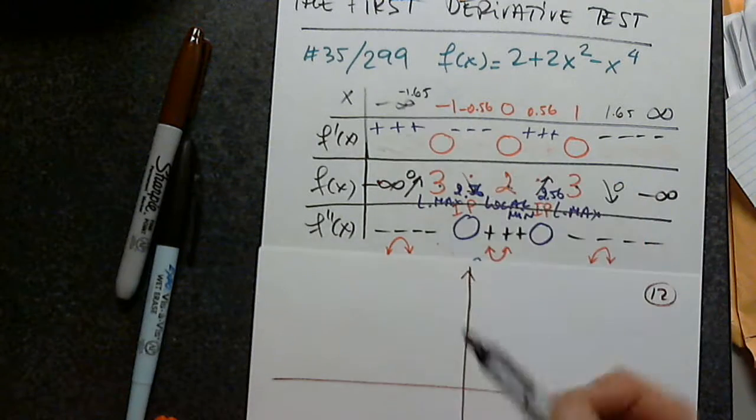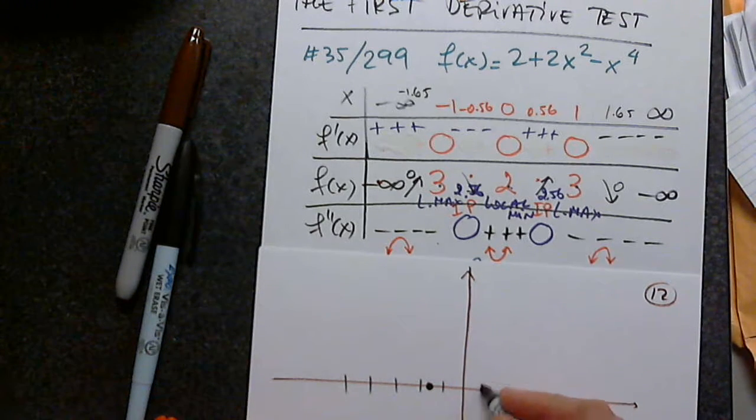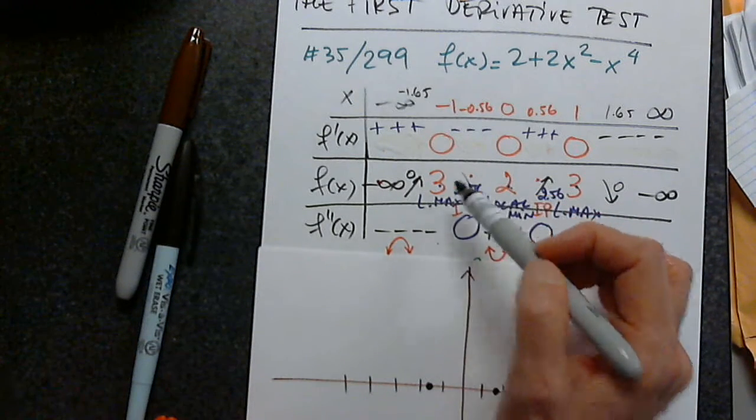I have negative 1.65, so 1, 2, 3, 4, 5. Negative 1.65, so right here, 1, 2, 3, and 1.65. Then I have negative 1, 3.